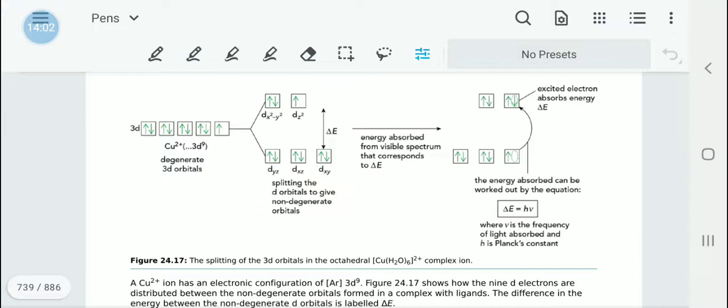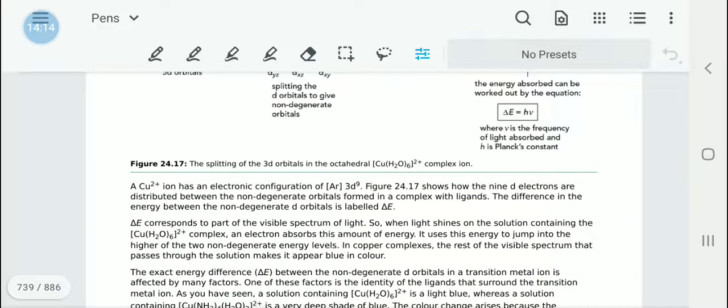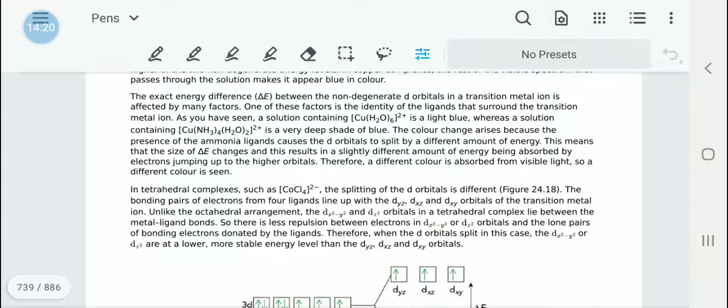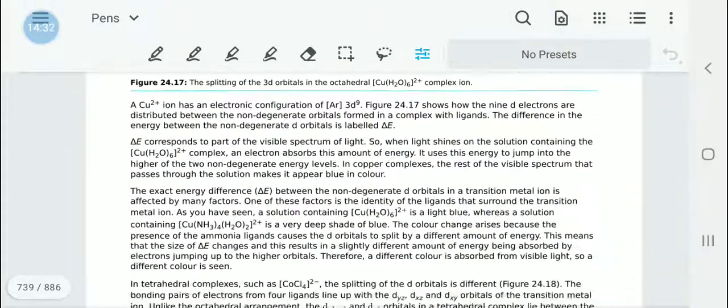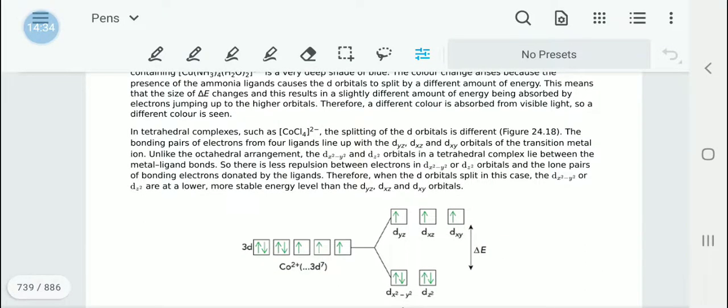As a result, that particular light is absorbed. I hope you understood. Please draw figure 24.17. After drawing that, write down.